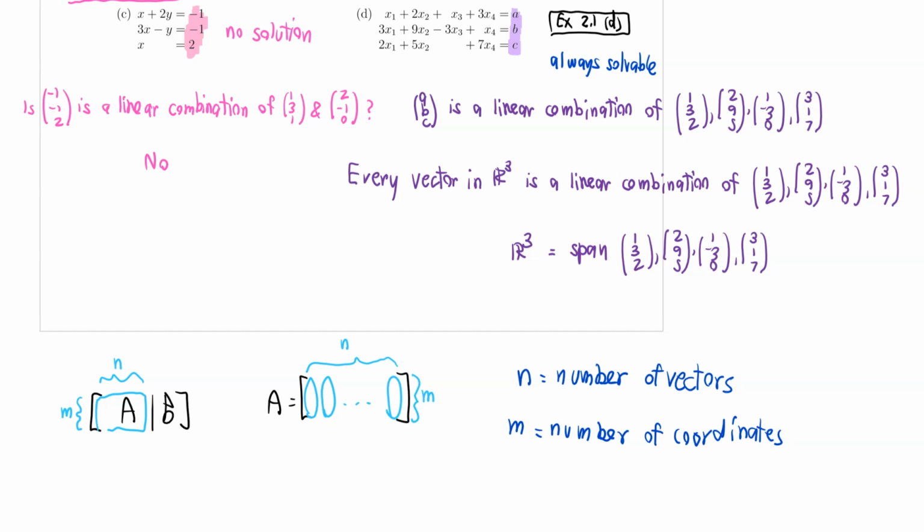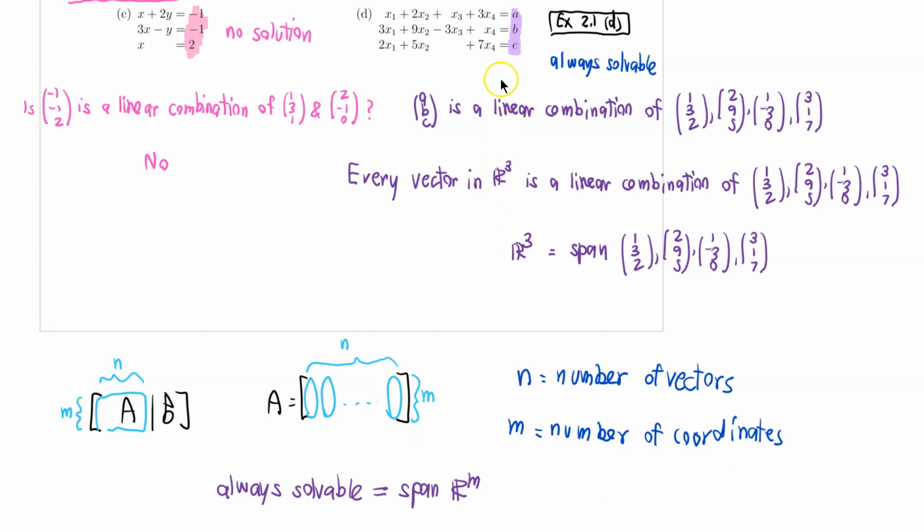And we have seen in the last example that whenever I can guarantee that the system is solvable, that would mean the vectors that I have here, each of the little blue vectors, span R^m. Here, m is the number of coordinates.